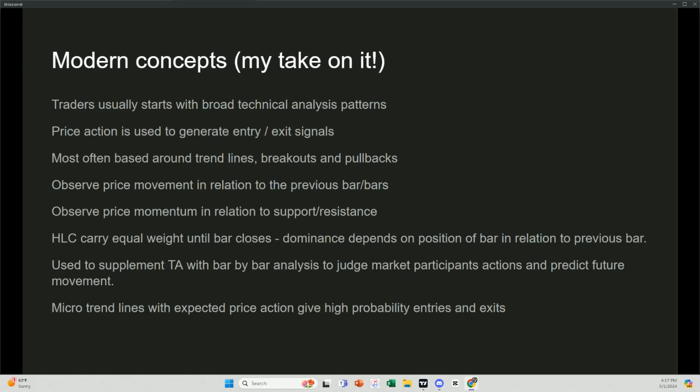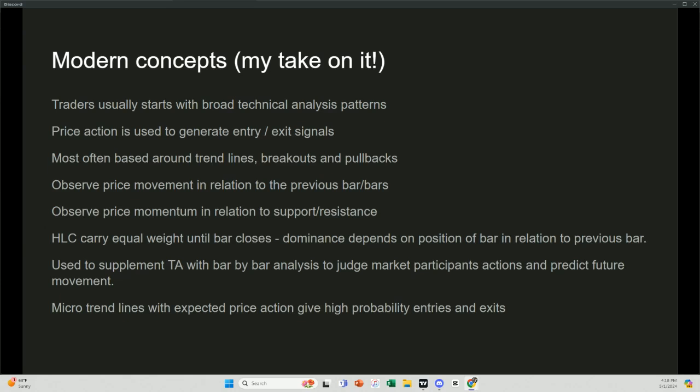That sounds like a lot of gobbledygook sometimes, and I probably need to provide an example of that. But for instance, if you are looking at something approaching an all-time high, what you're most interested in is what's happening at the lows. You're not really that concerned about where the close is, because what you're looking at is what the market participants are doing.